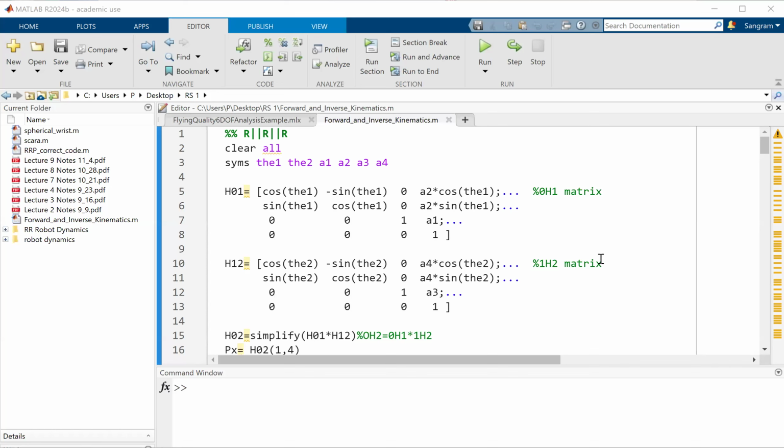Now I will walk you through the code line by line so that you understand.